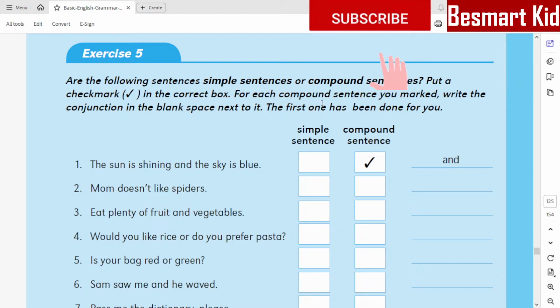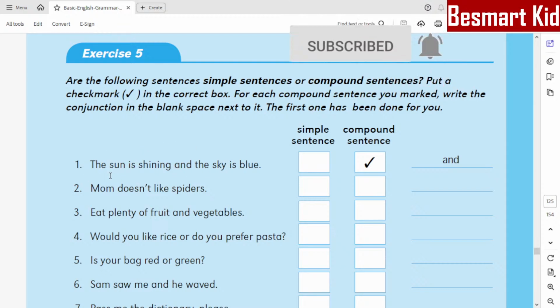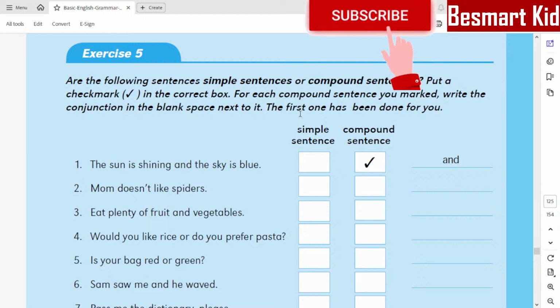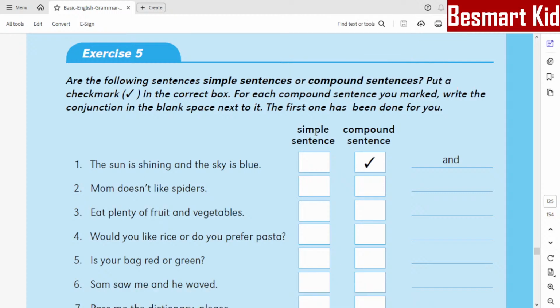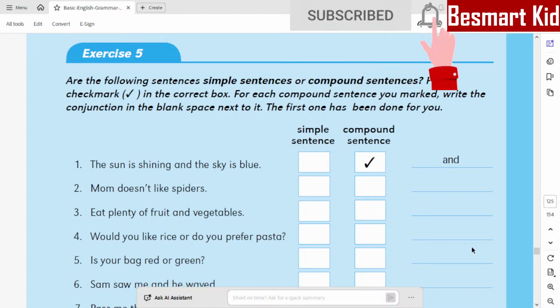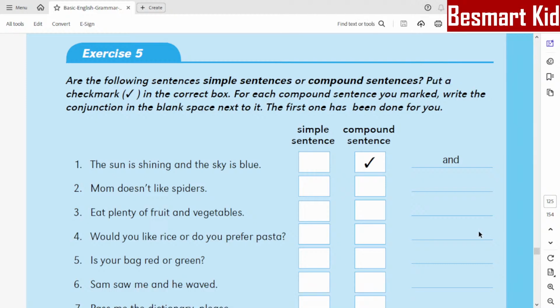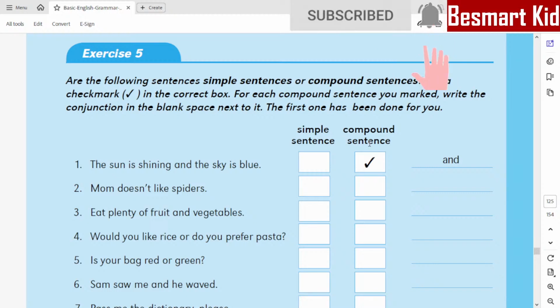The first one has been done for you. First, here are the boxes. The left box is for simple sentences and the right one is for compound sentences.